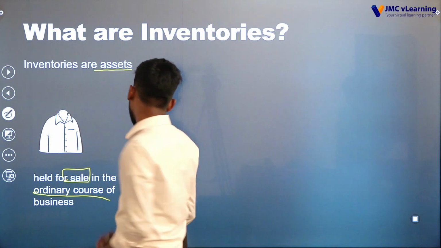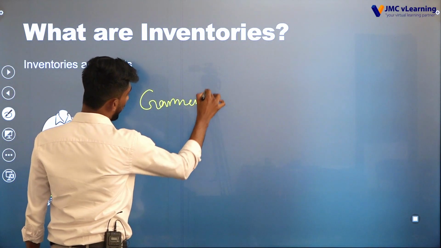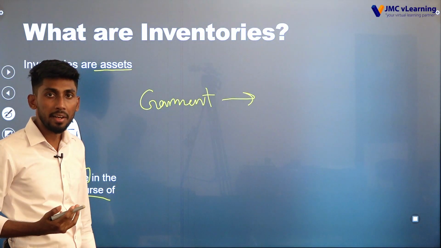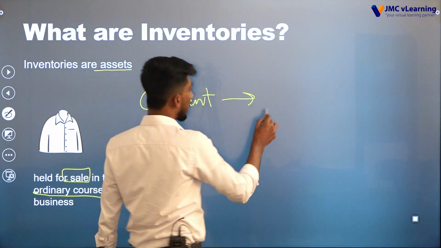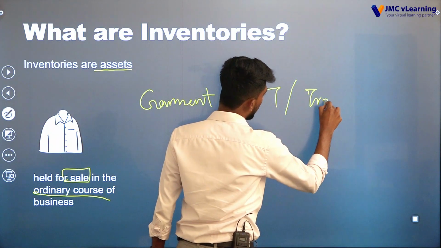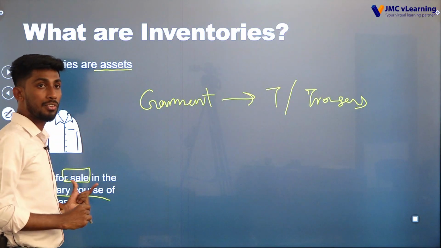For example, take a garment factory. What should be the inventory for a garment factory? They are keeping to sell the trousers, t-shirts and so on. Those are their inventories, which are held for sale.